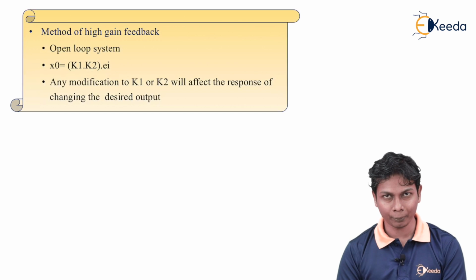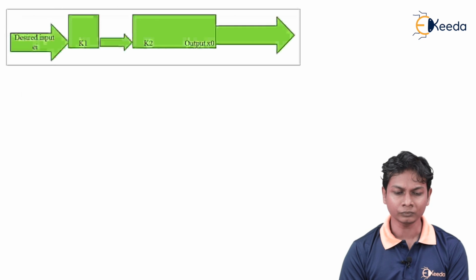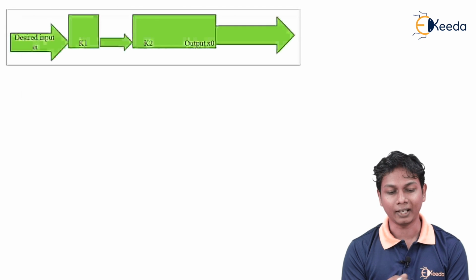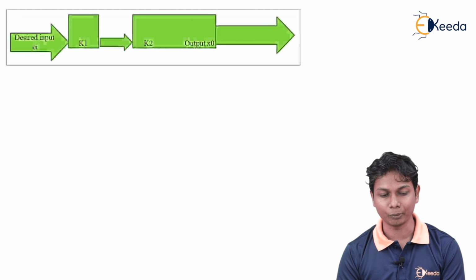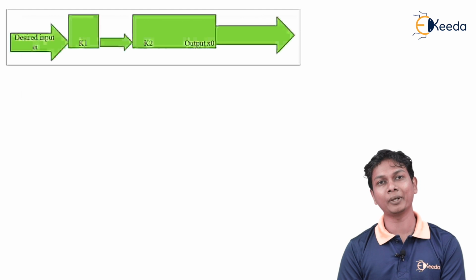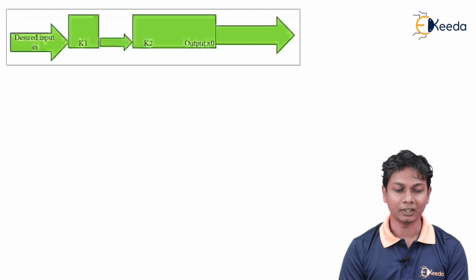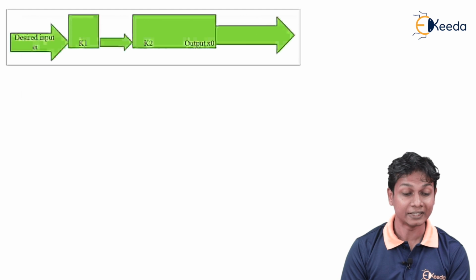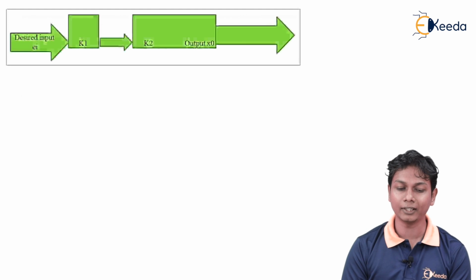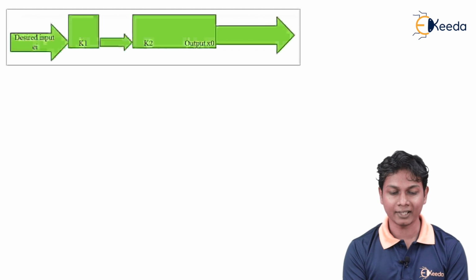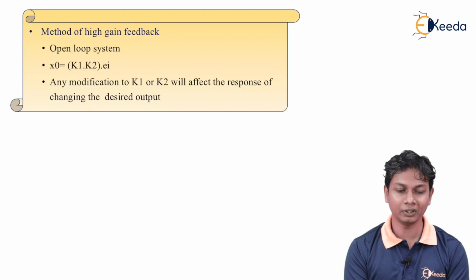We can elaborate this phenomenon with the diagram where k1 and k2 are a system coming with independent input. Consider k1 having the desired input and k2 with the output x0. So we will get that high gain feedback.